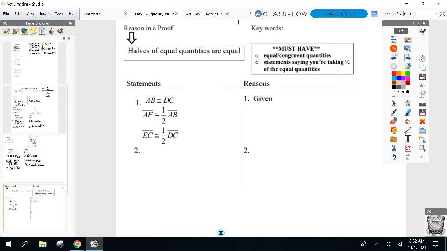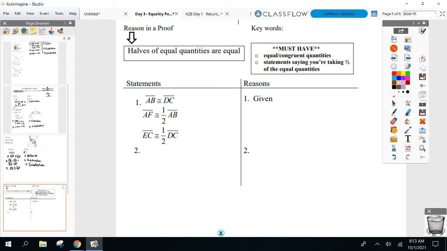Let me challenge you even more. Keywords. Vocabulary words you may see in the given that says, ding, ding, ding, I'm going to be taking half of something here. I'm looking for two specifically. Two vocabulary words we've talked about in the past, Unit 1, that signify something's being taken half of here. Anybody? Come on, you know at least one of the two.